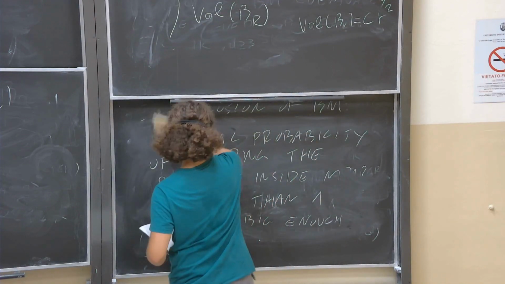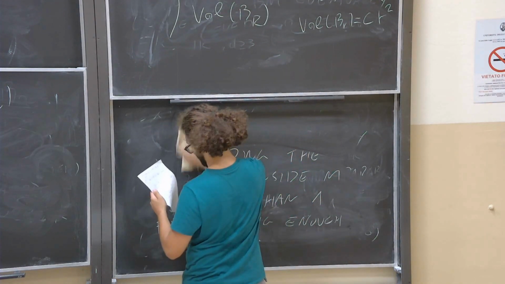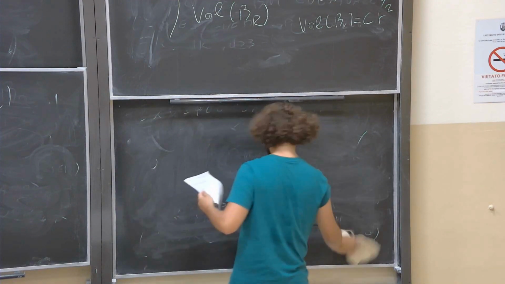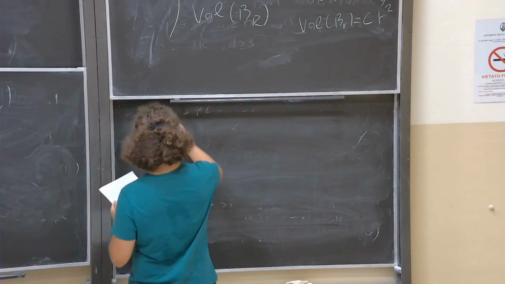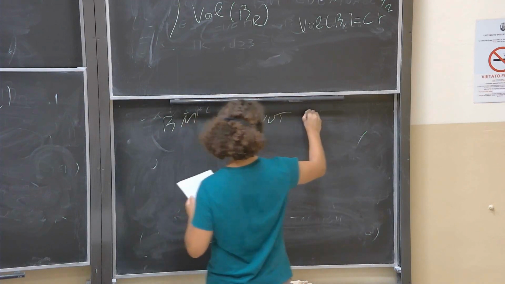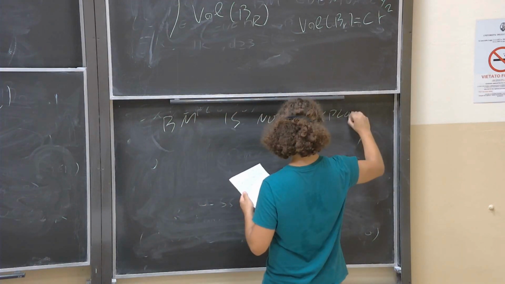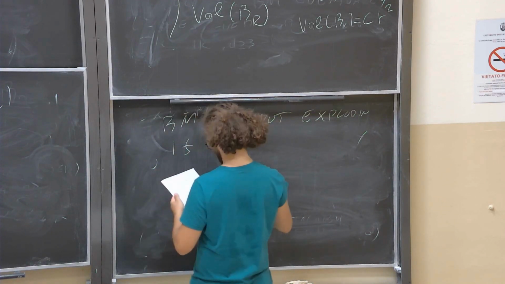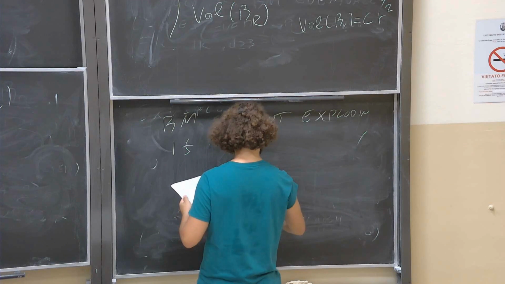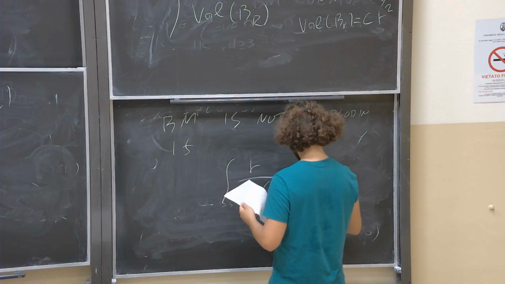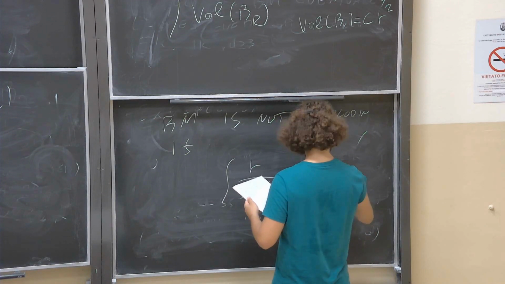Now, again, theorem: Brownian motion is not exploding for any time if this condition is satisfied: the integral of r over the logarithm of the same thing, the volume of the ball, is infinite.